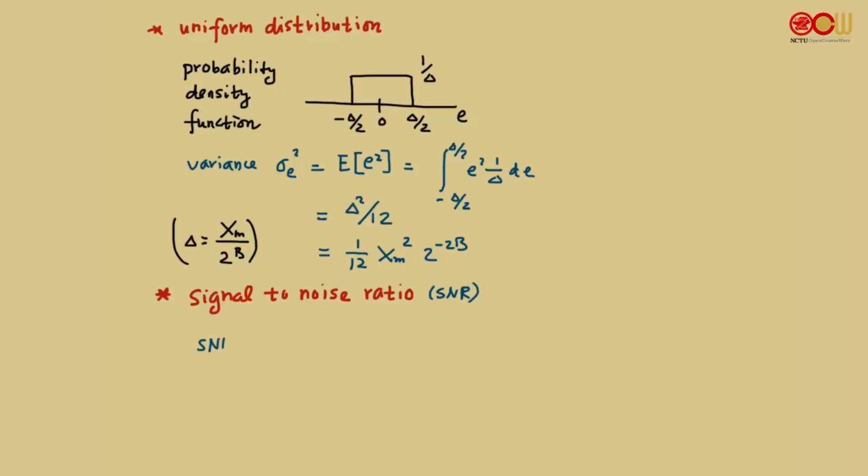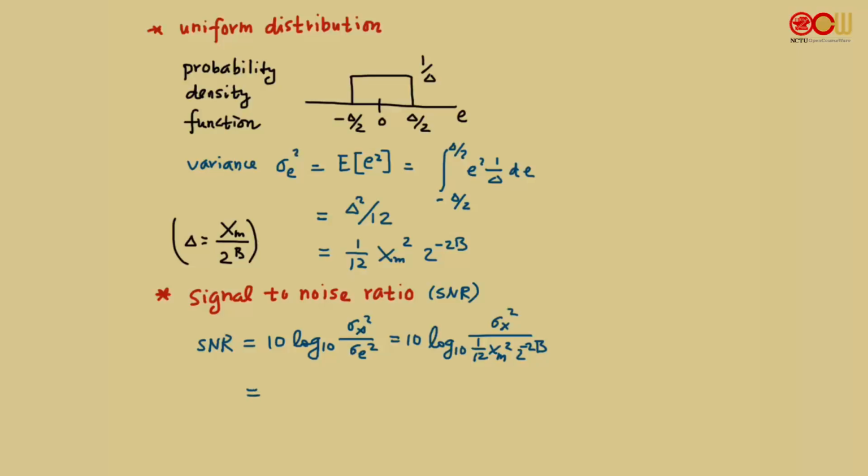The SNR is 10 log 10, in dB, sigma x squared over sigma e squared. We can plug in the above expression, then we get 10 log 10 of sigma x squared over 1 over 12 Xm squared times 2 to the minus 2B.